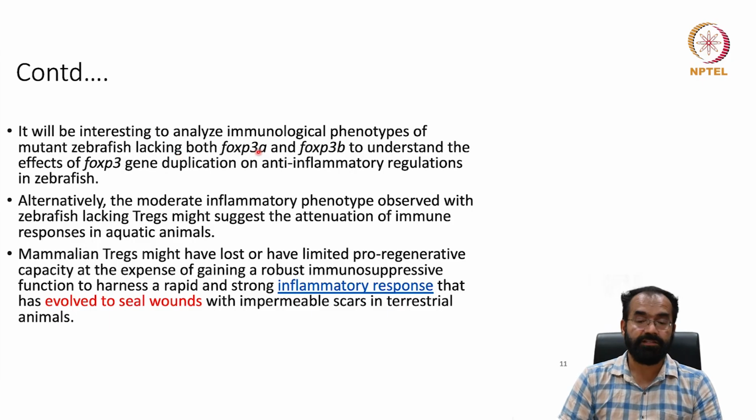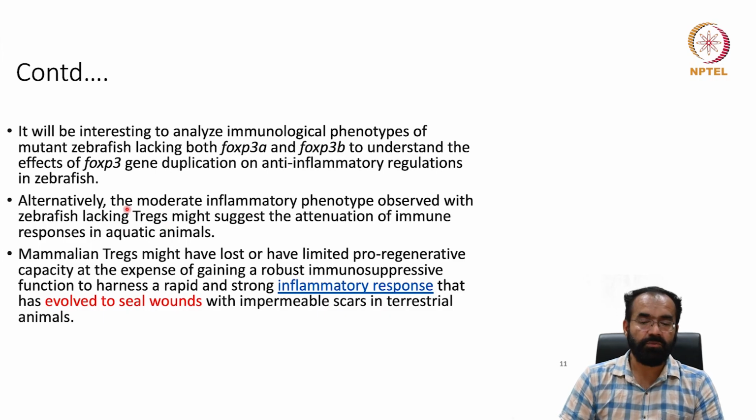So it will be very interesting to analyze the immunological phenotypes of mutant zebrafish lacking both FOXP3A and FOXP3B to understand the effects of FOXP3 gene duplication on anti-inflammatory regulations in zebrafish.